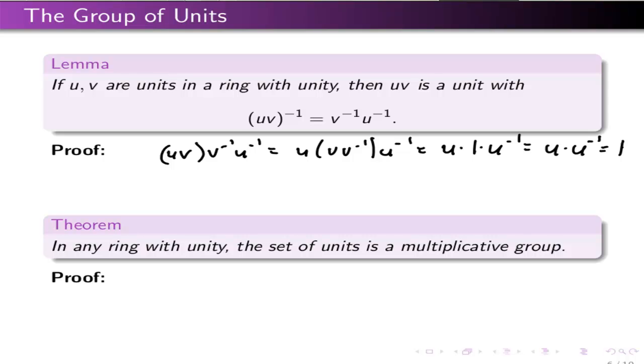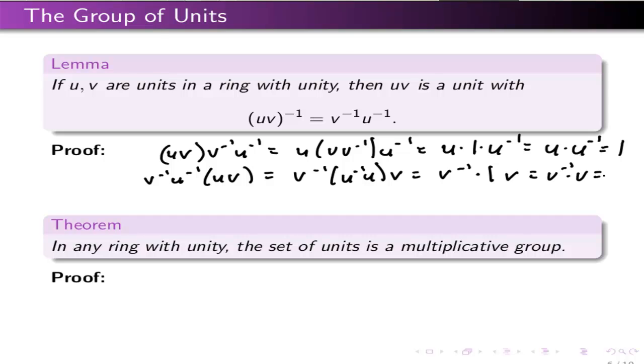And likewise in the reverse order, V inverse U inverse times UV is also equal to 1. And so the element V inverse U inverse satisfies the definition of a multiplicative inverse of UV, QED.